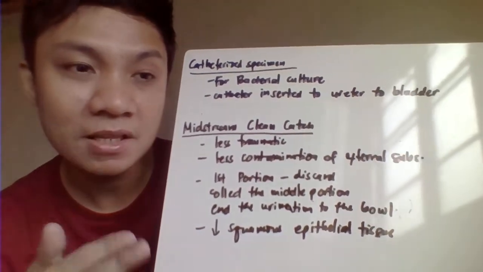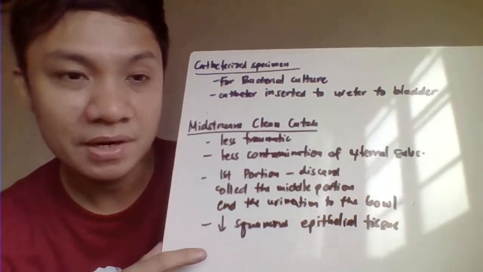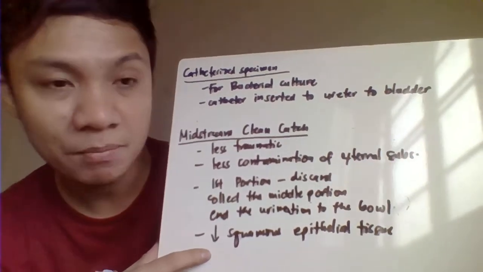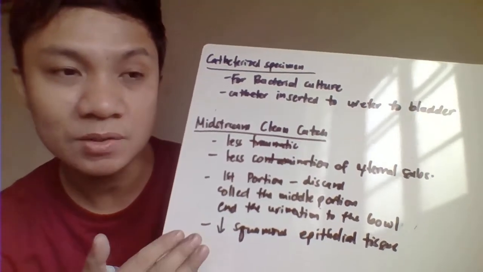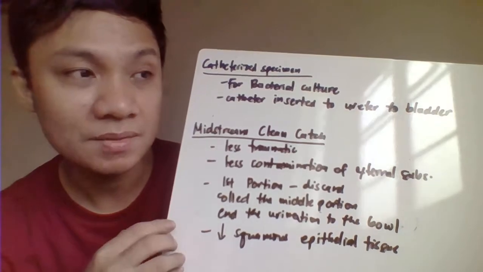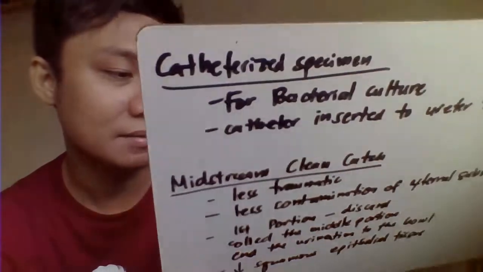Since you're collecting the middle portion, this also would have less contamination of cellular structures, for example, your squamous epithelial cells. So this would have the same quality of specimen as your catheterized specimen, making this one less traumatic.